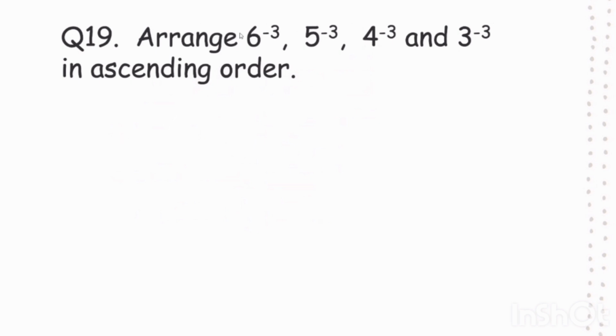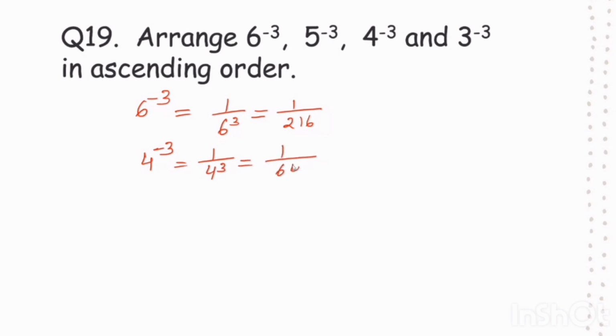We have to arrange all these four numbers. 6 raised to the power minus 3, that's equal to 1 by 6 cube, and 1 by 6 cube equal to 1 upon 216. 4 raised to the power minus 3 equal to 1 upon 4 cube, and that is equal to 1 by 64. 5 raised to the power minus 3 equal to 1 by 5 cube, that's equal to 1 by 125.